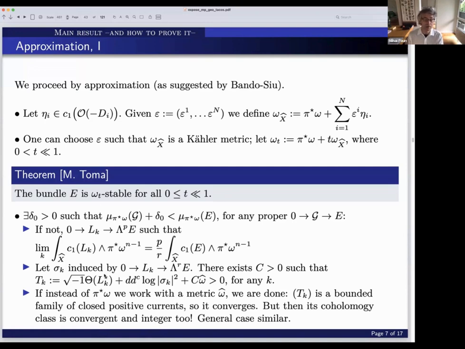But this cohomology class, here I have an integer and here I have a fixed constant times omega hat. So that's not possible. I will get equality here without taking the limit for k large enough. Okay, so the contradiction will come from there. And then the general case is similar, but like I said, it's a very well-known result.